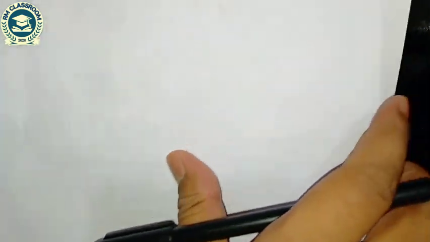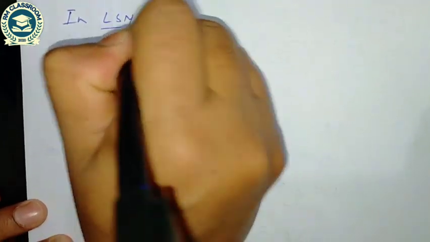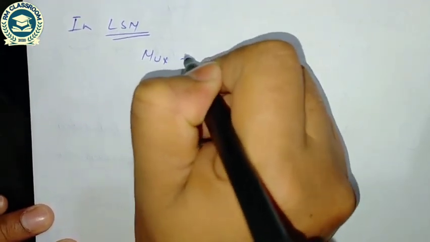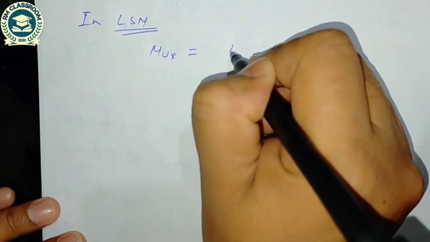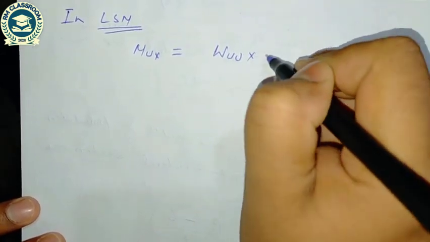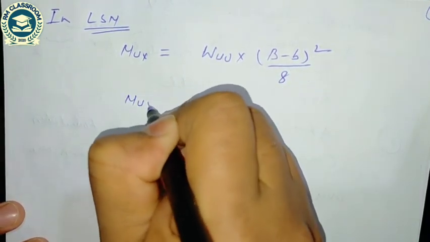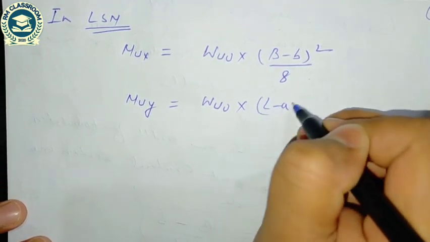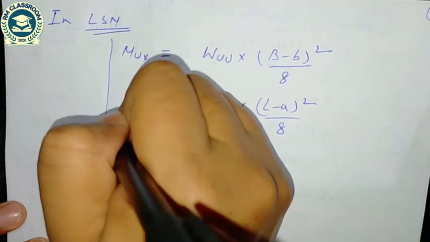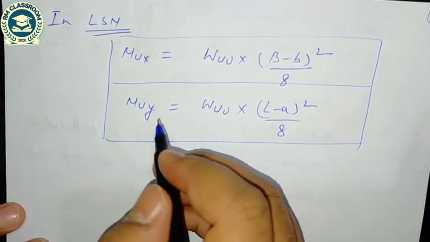So if I design the footing in the limit state method, in LSM, MUX is equal to WU naught into B minus b whole square divided by 8, and similarly MUY is equal to WU naught into L minus a whole square divided by 8, or just multiply by 1.5.